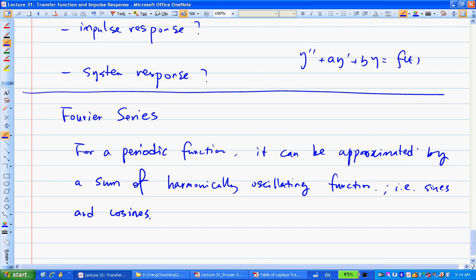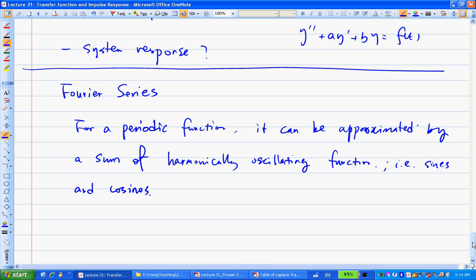It was invented by the French mathematician Jean Fourier in 18-something. So it's been a while. Now, what kind of application can you use the Fourier series in engineering? There are actually many.